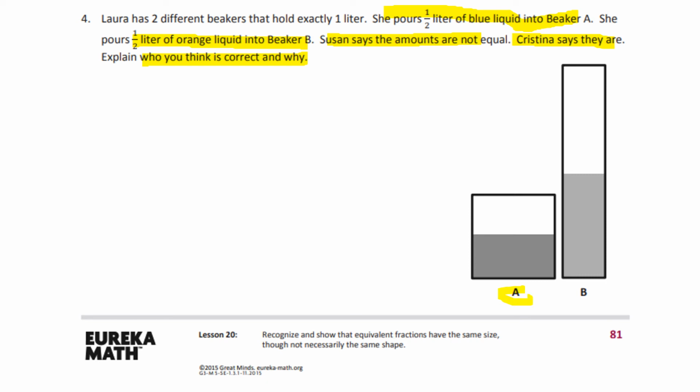So we have blue, and I don't have an orange, so this is hopefully the closest I have, kind of an orangey color. Orange. She says the same amounts are not equal. Christina says they are. Explain who you think is correct and why. We've gone over this question before, so this hopefully should not be too difficult. Take your time.